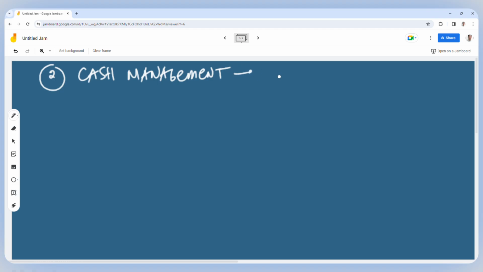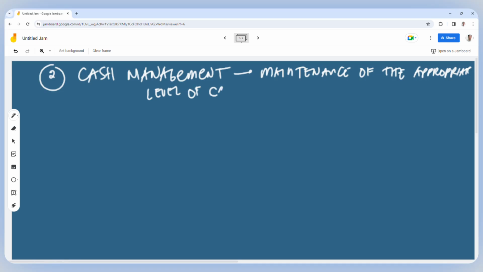Very important here is that it involves the maintenance of the appropriate level of cash.